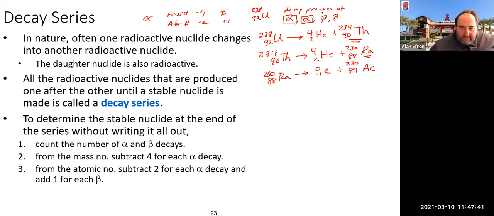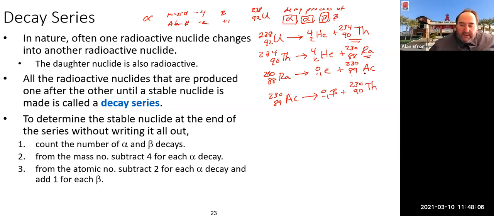That takes care of our beta emission. And lastly, that 230, 89 would go through a beta decay. Again, you can use the beta symbol if you want, or you can use the e. Same thing here. We're going to have to increase by 1, and that gets us to 90, 230, and that puts us back to Th.